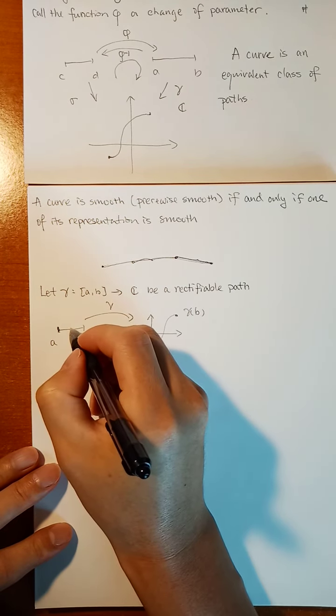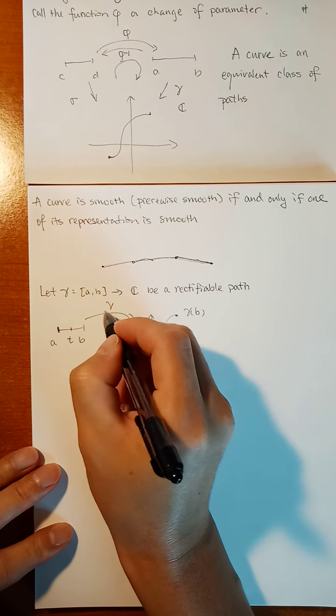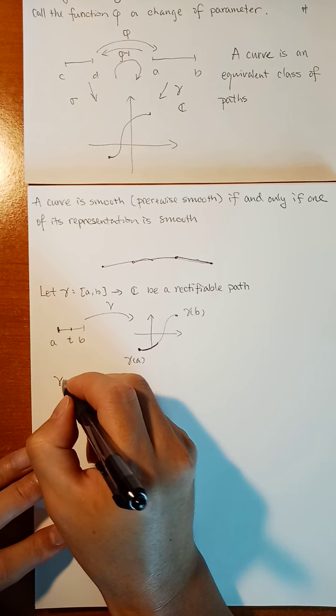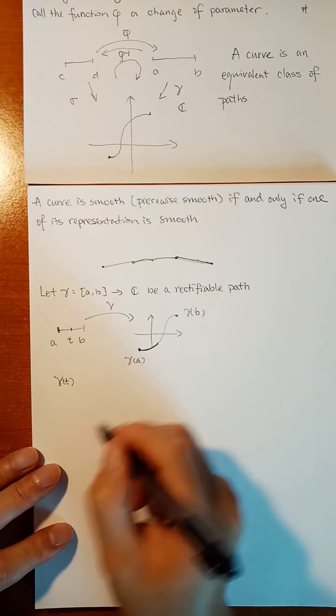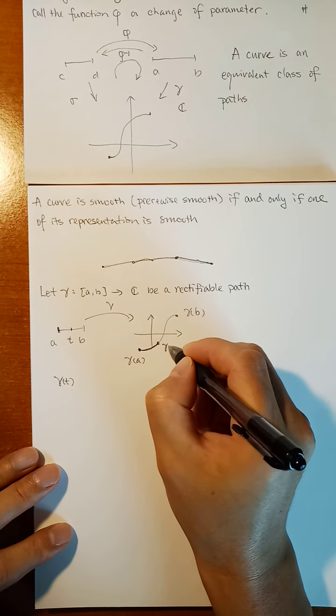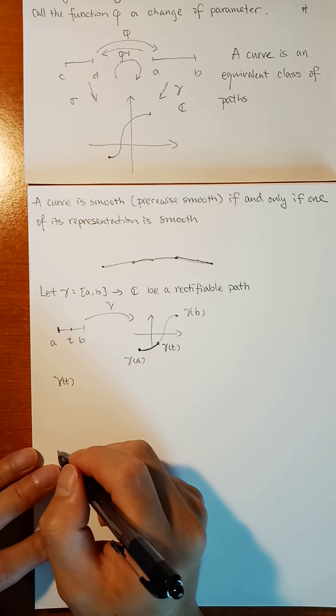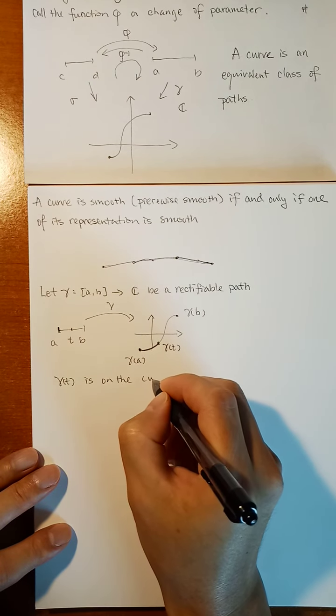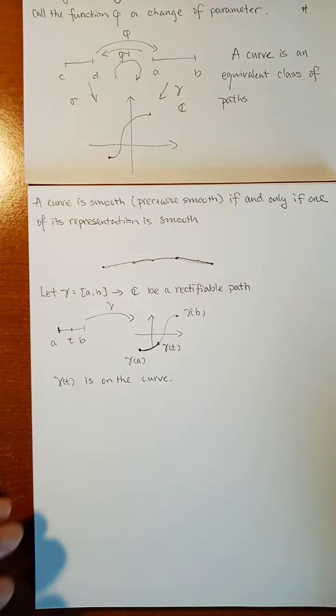For example, when you move from A to T, this point, gamma of T, is on the curve, or on the path, whatever.